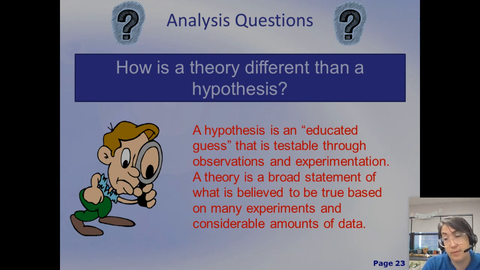I've already made some observations. I've already asked some questions based on a phenomenon I've seen. And that information is used to make my hypothesis. So it's not just an out of the blue guess, it's based on things I already know. A theory is a broad statement of what is believed to be true based on many experiments and considerable amounts of data.